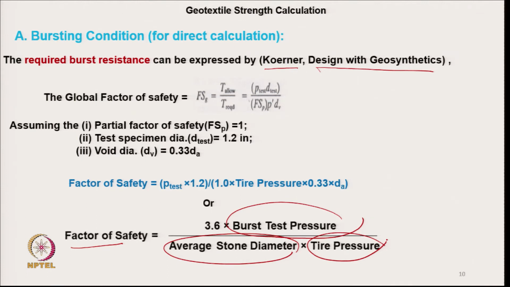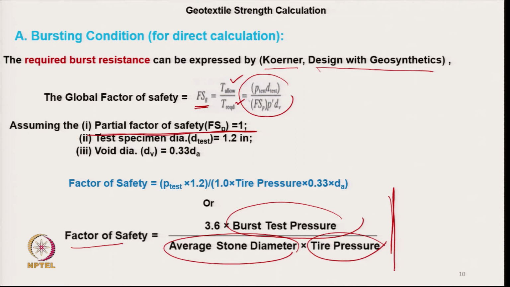What is the factor of safety? From this equation, the global factor of safety is equal to T allowed by T required, as we have seen earlier. Here the partial factor of safety is assumed to be 1. So, Koerner's equation is for simplified or easy calculation of factor of safety.